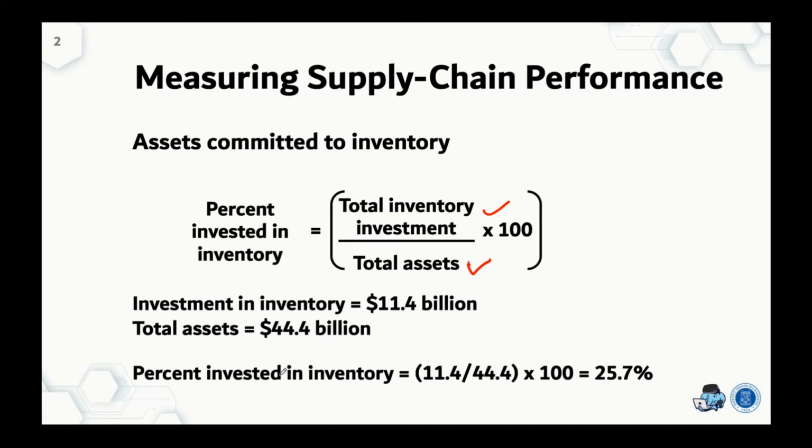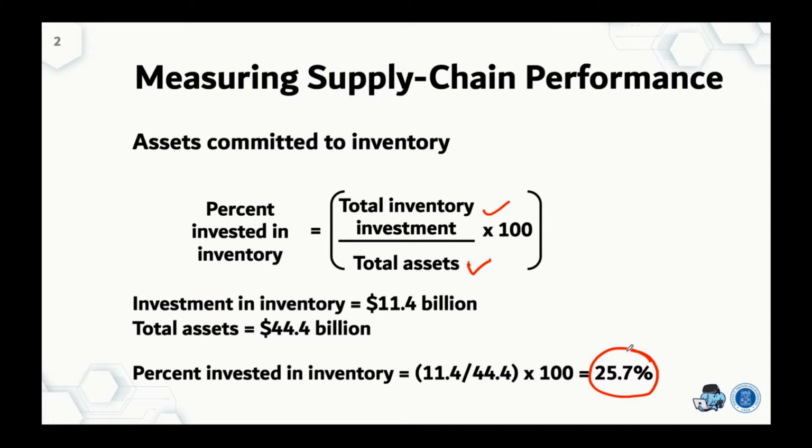Then the percentage invested in the inventory is 11.4 divided by 44.4, multiplied by 100, resulting in 25.7% of the asset committed to the inventory.